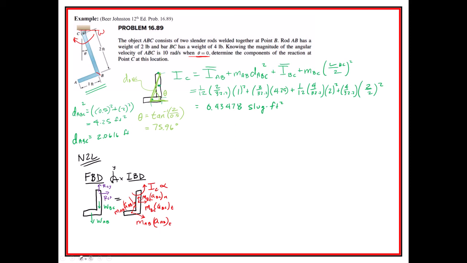So if I take the sum of the moments, let me draw it up here. The sum of the moments about C, and we can use IC alpha, right? We're allowed to use that because this is the special circumstance where it is constrained about a plane.